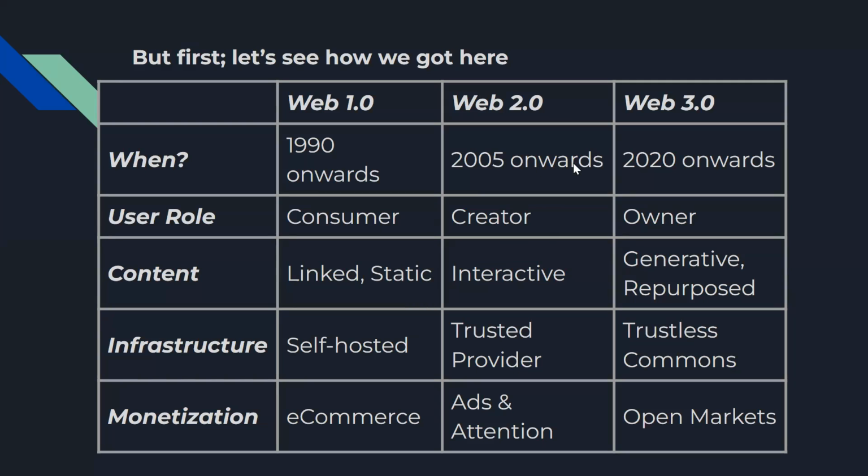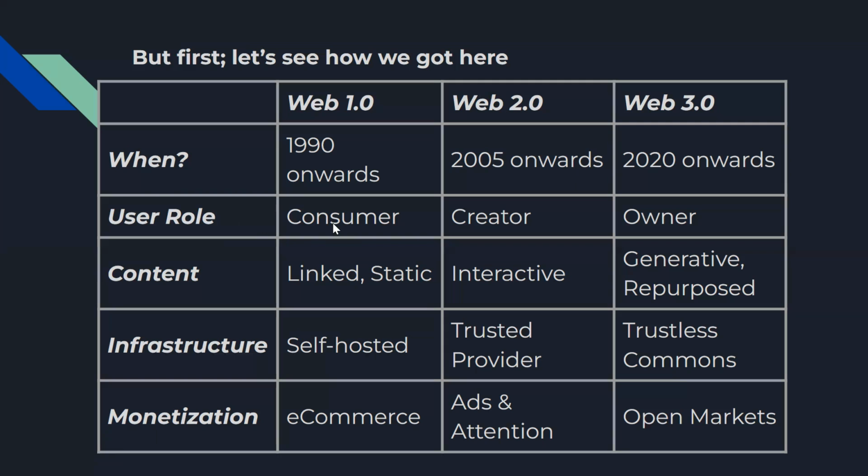This is the realm of social media and Facebook and all of that. And now we're in Web 3.0, which is from 2020 onwards. Now, when we say user role, what we mean is you as a user, what part do you play in Web 1, Web 2, and Web 3?